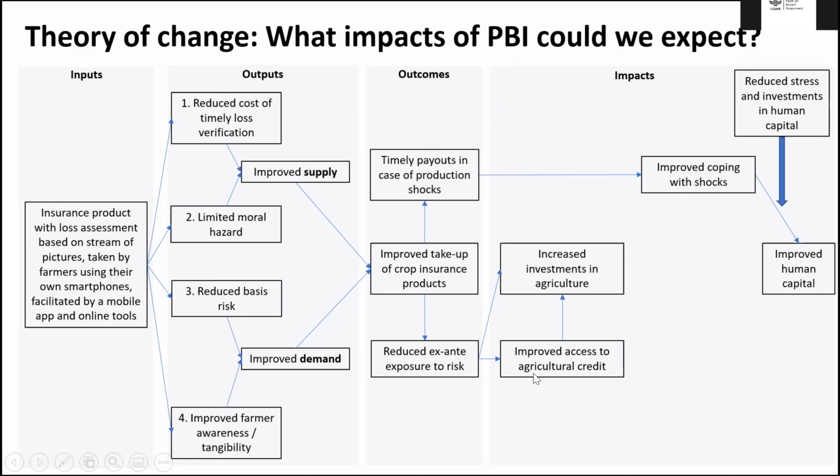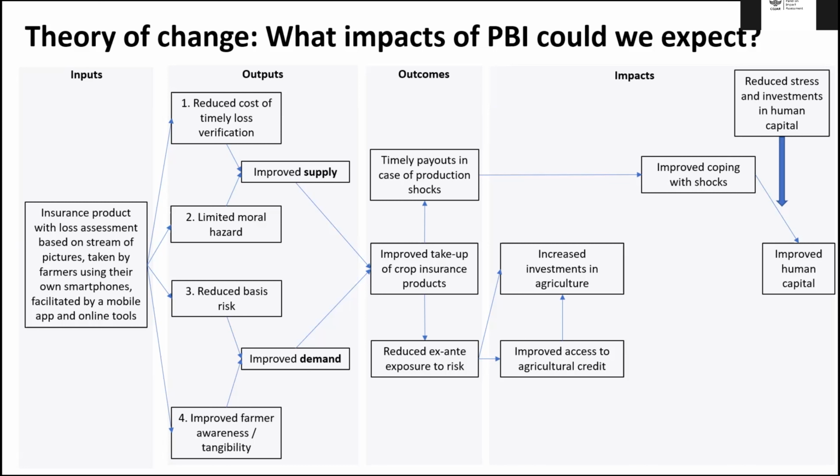On the ex-ante channel, so this is even in the absence of any shock and even in the absence of any insurance payout, as long as farmers trust that insurance payouts will come in case they have a shock, we would expect increased investments in agriculture because farmers dare to take more risks now that their risk is reduced.